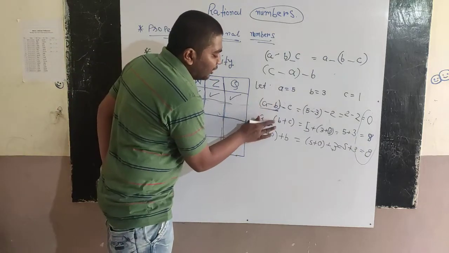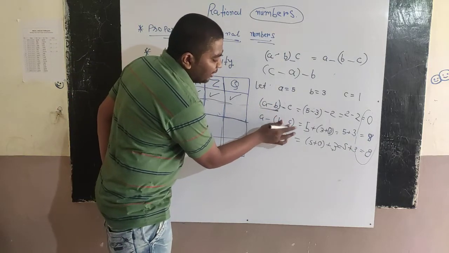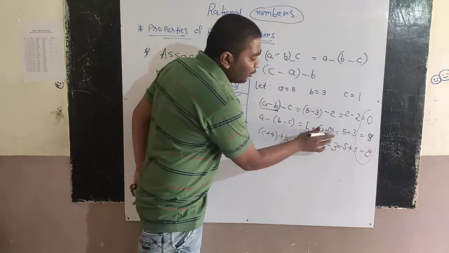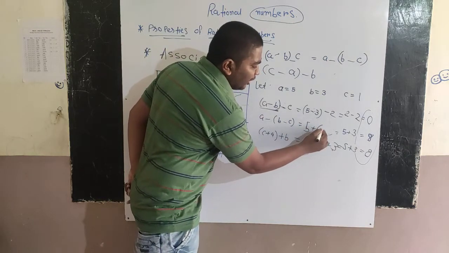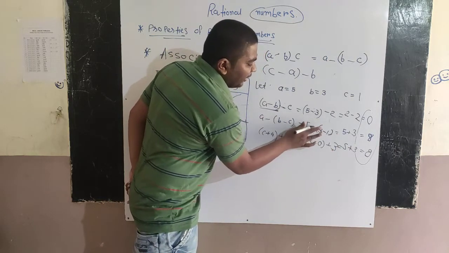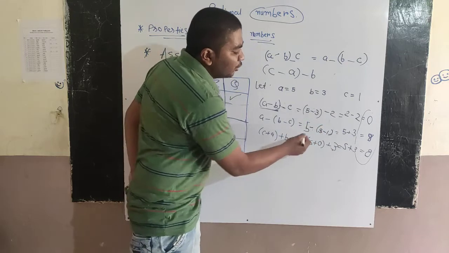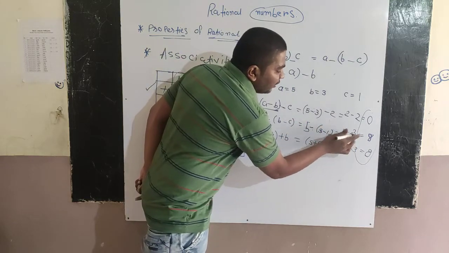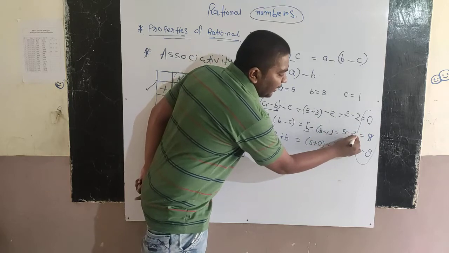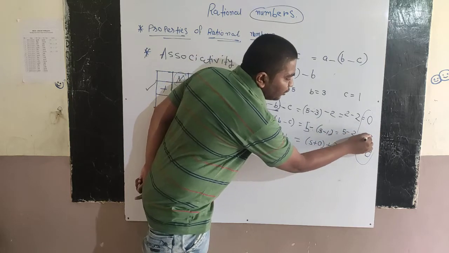Now again for A minus B minus C, first I have to do B minus C. So 3 minus 1 here, and here it would be minus. So 5 minus 3 minus 1 means 2. On simplification, 5 minus 2 is equal to 3.